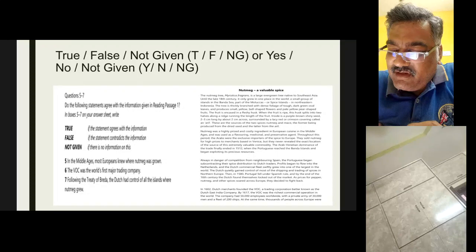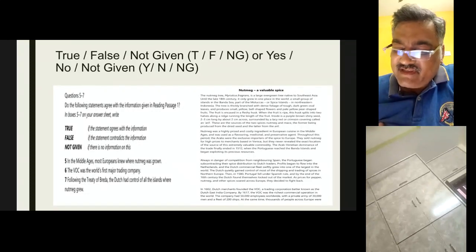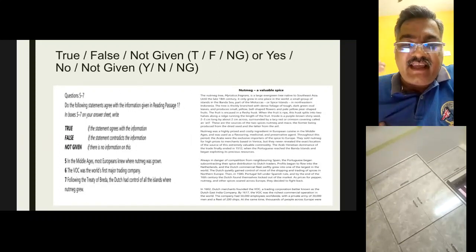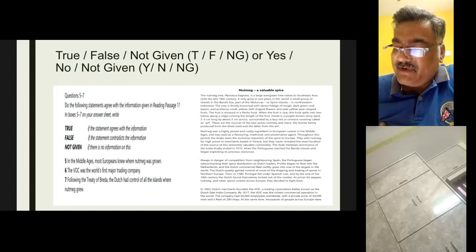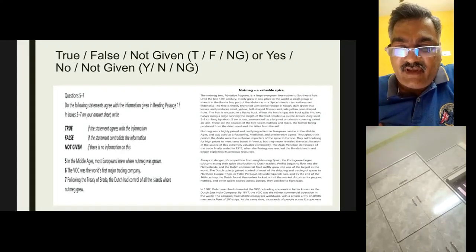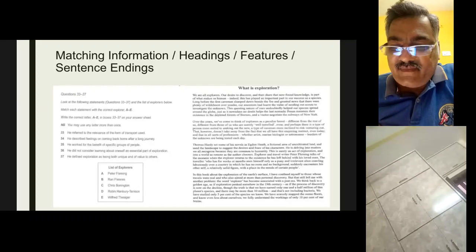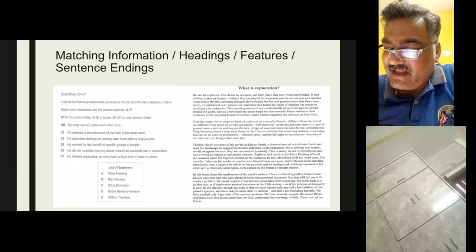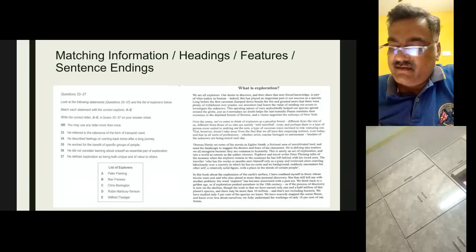So you need to identify where this VOC is in this passage. Similar kind. Once we do a lot of exercises, you'll understand this. As of now, just for your information, I've done this particular exercise. Then can we go to the next slide, please?